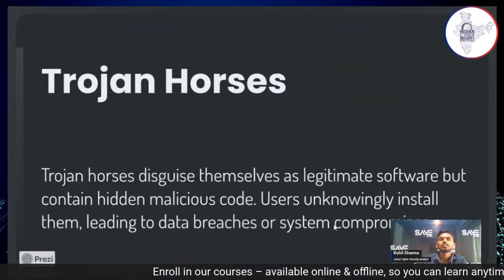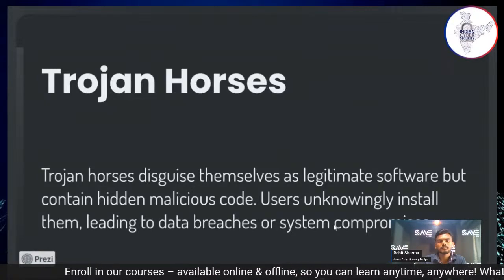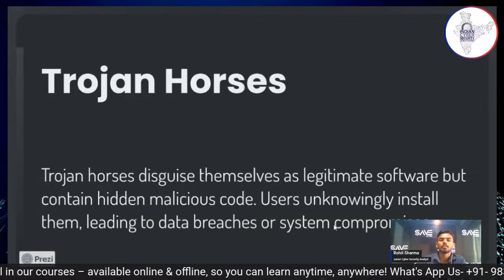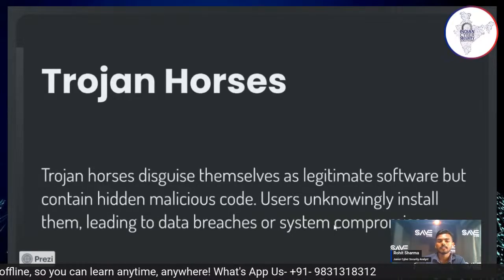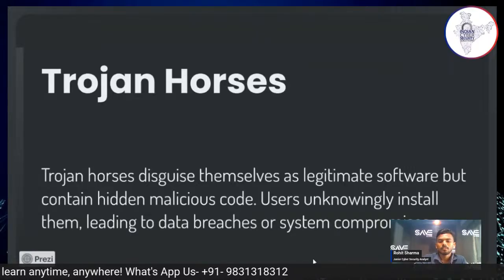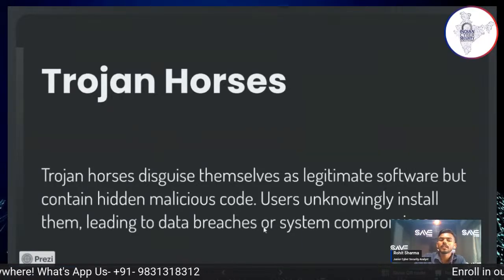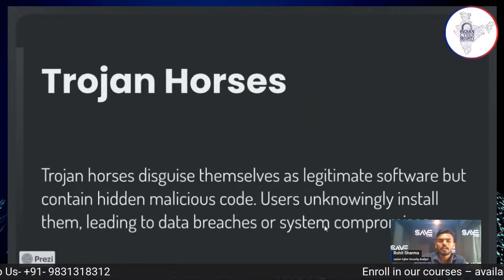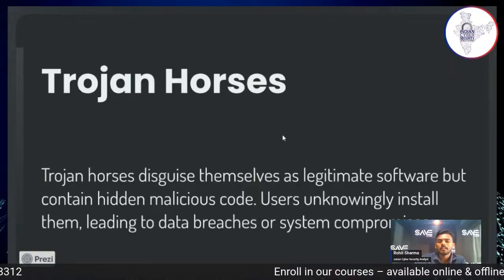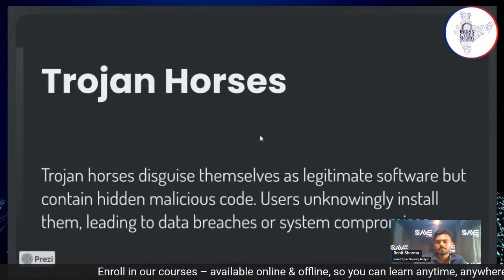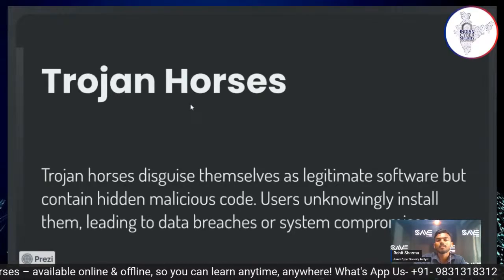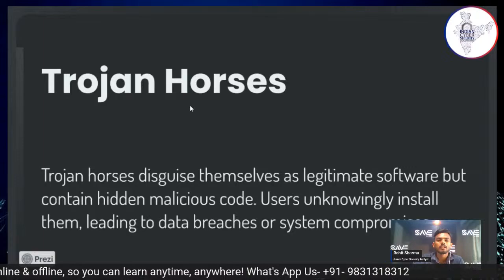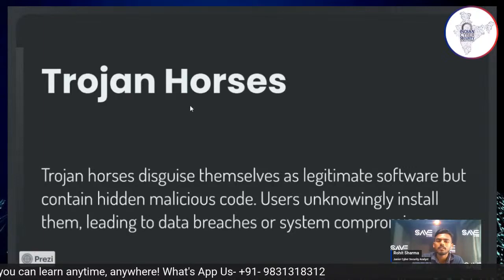It tries to create a vulnerability and open a port to let the attacker enter. Users unknowingly install them, leading to data breaches or system compromises. If I share a file saying it is a PDF and you install it, in the background I have shared the Trojan horse file. So what will happen in your system? A vulnerability will get created, and I can access your system easily.